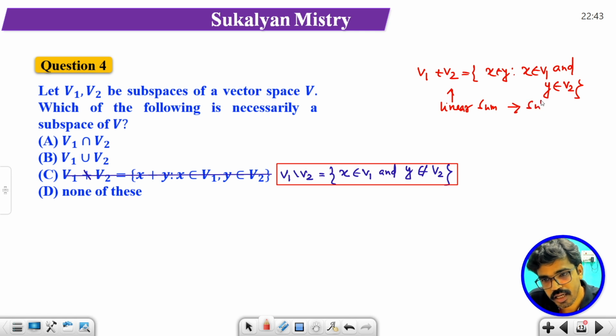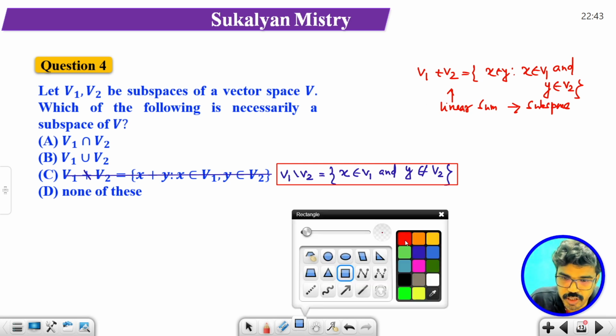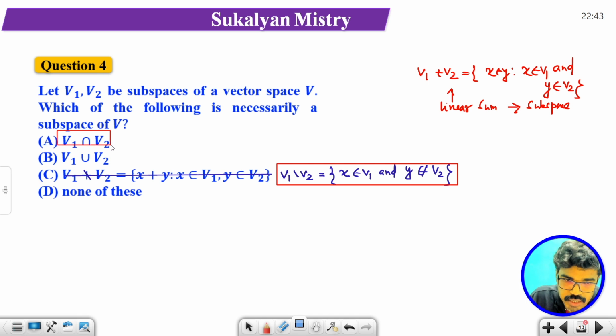Okay. So V1 intersection V2, that is a subspace, but V1 union V2 is not a subspace, because union of two subspaces is not a subspace.